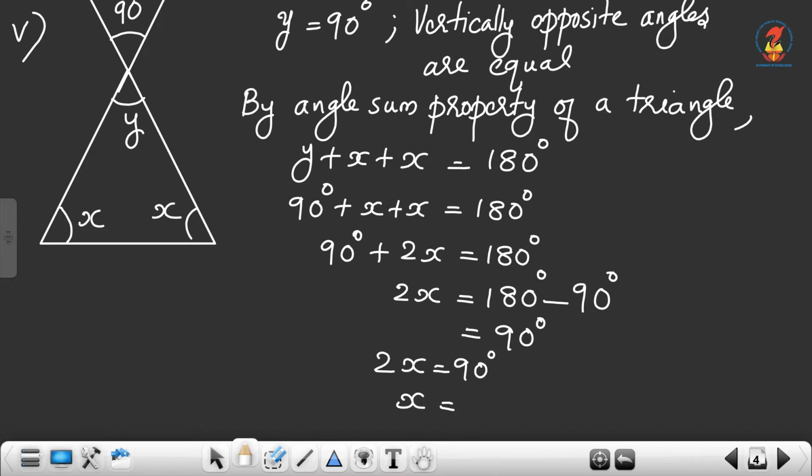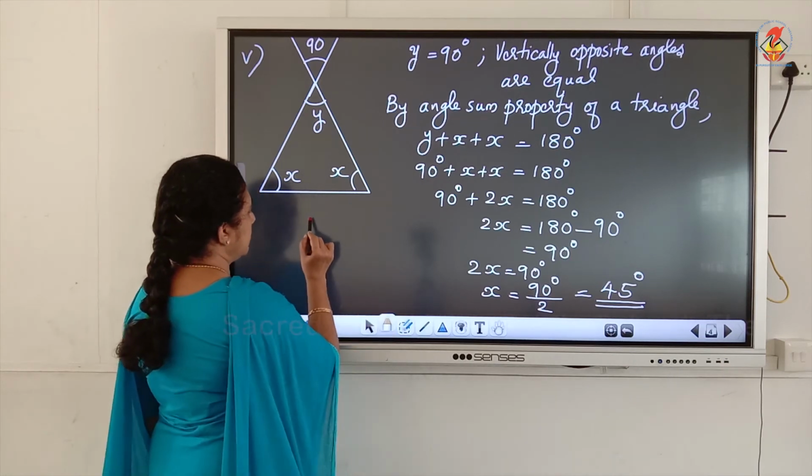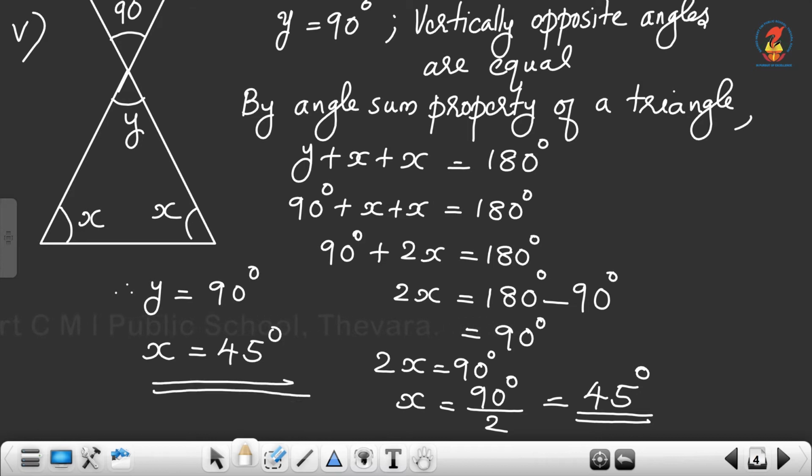Therefore x is equal to 90 degree divided by 2, which is equal to 45 degree. 90 by 2 is 45. So, the value of x is equal to 45 degree. Therefore, we got y is equal to 90 degree and x is equal to 45 degree. So, the value of this x is also 45 degree and here it is also 45 degree.